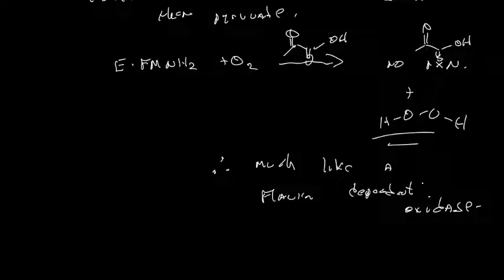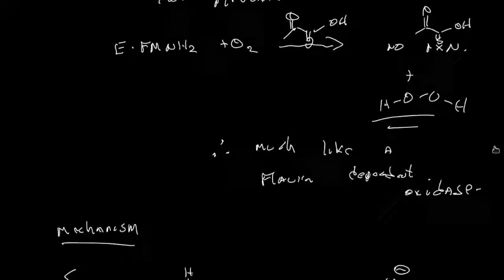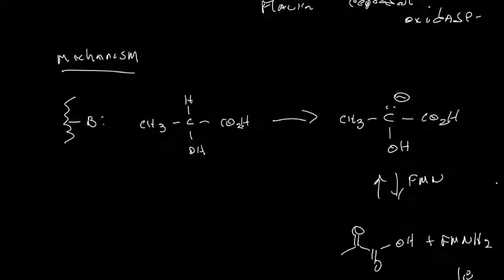Let's look at the overall mechanism for this now. With this data in mind, they were able to establish the following mechanism. I prepared some of the mechanism here for us already.